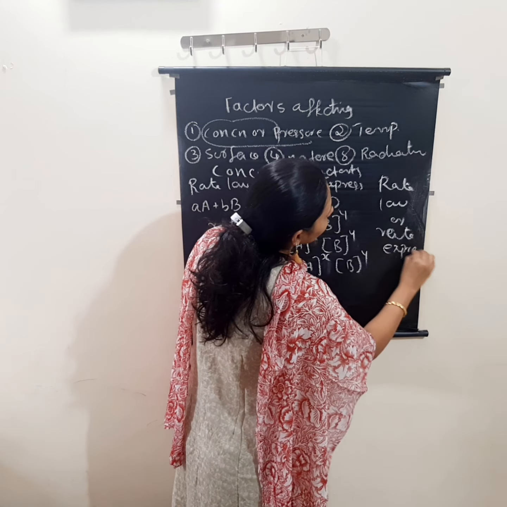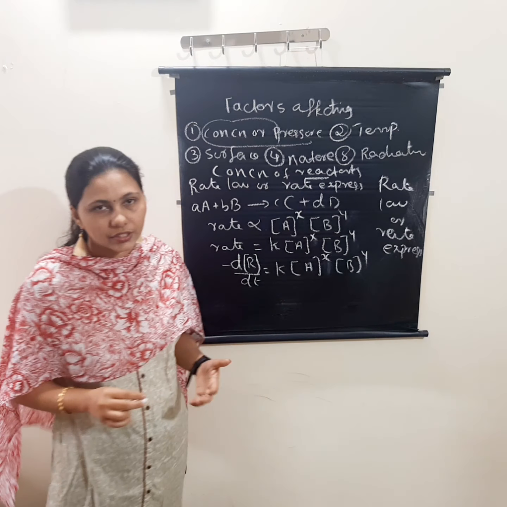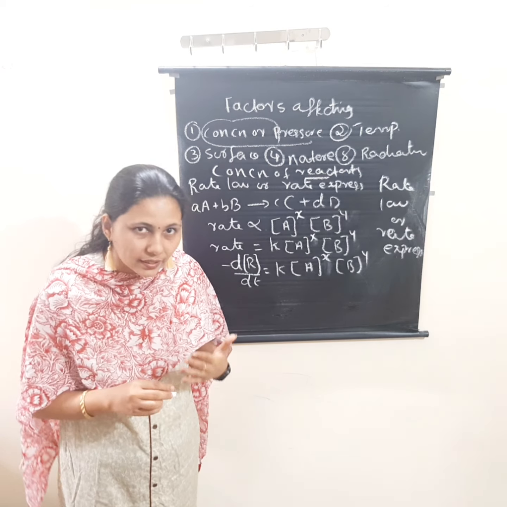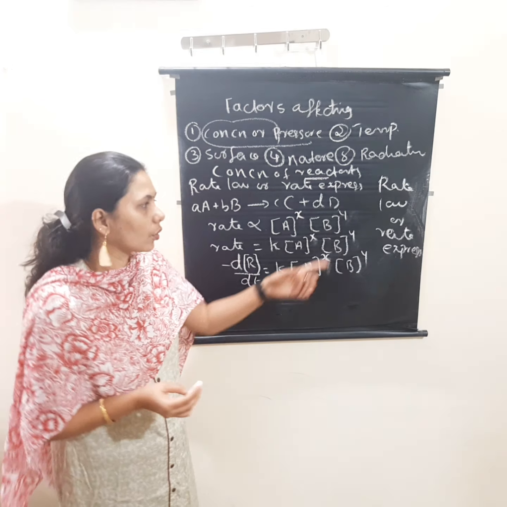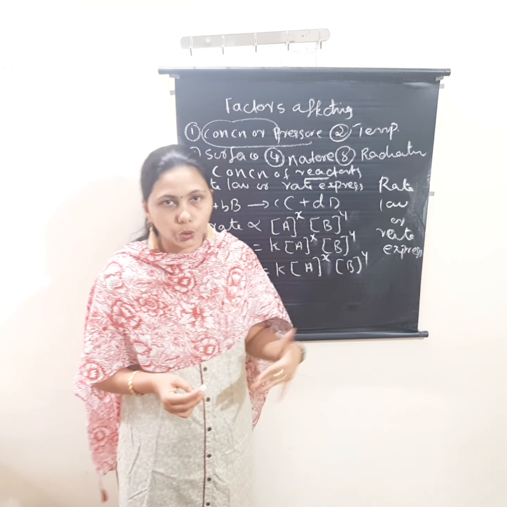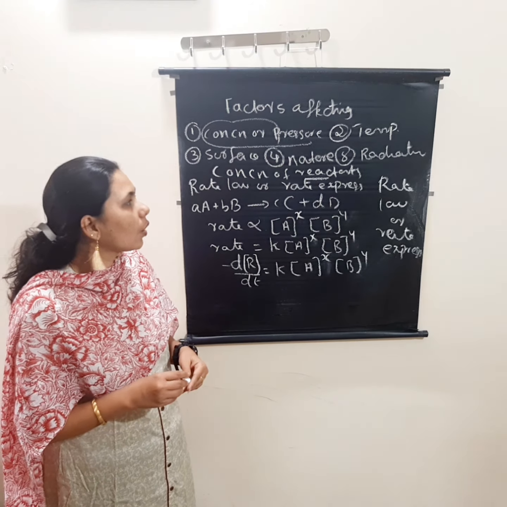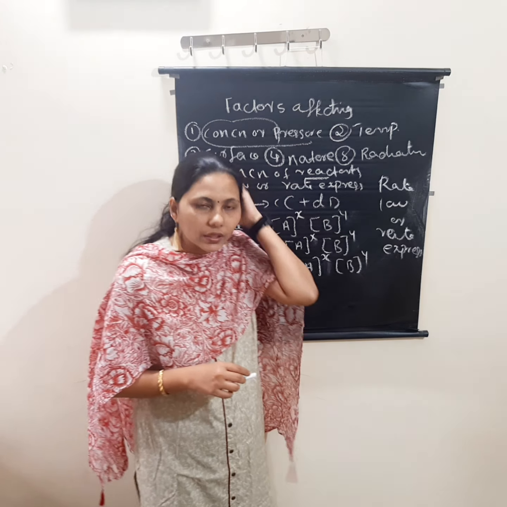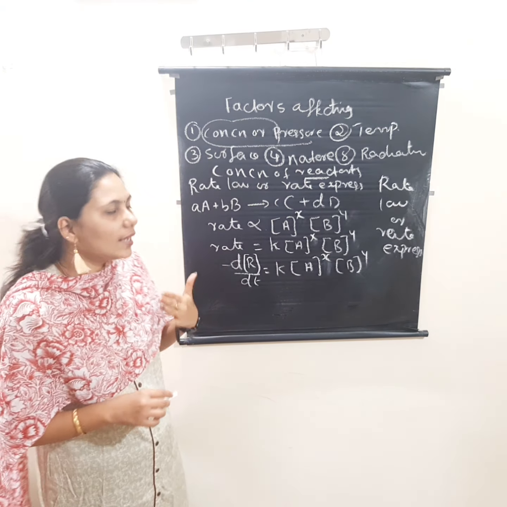Okay. So an expression or equation that gives the relationship between rate of a reaction and the concentration of reactants is known as rate law, rate expression or rate equation. So how can we write the rate law or rate expression for a particular reaction?